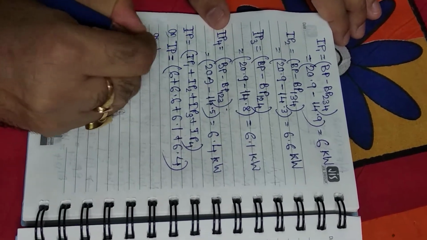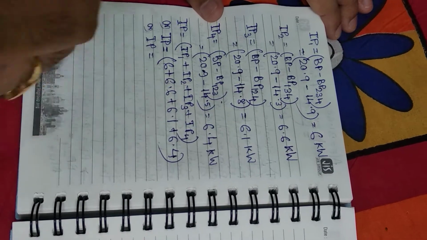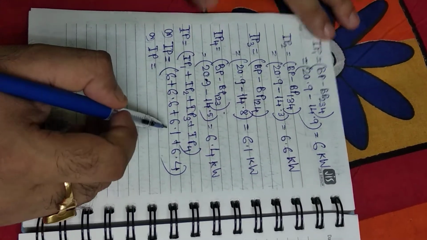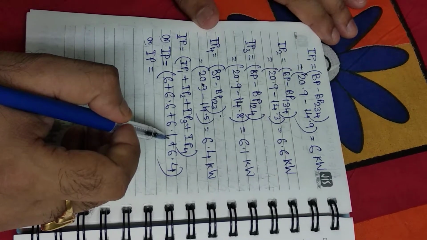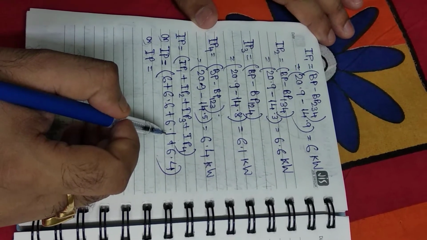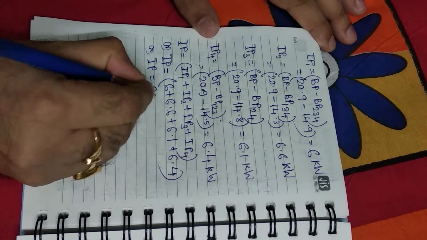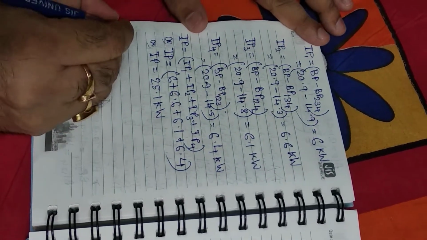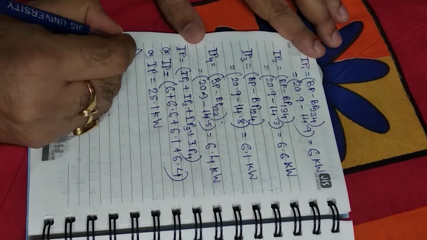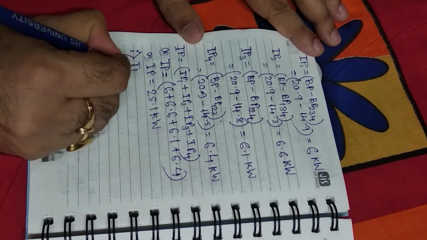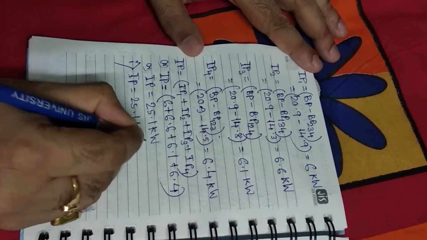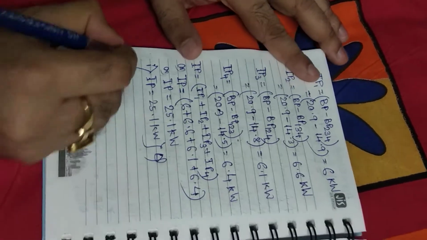So the total IP of the engine will be 25.1 kilowatt. Okay, so from here, number 1, that is IP, is 25.1 kilowatt, that is answered.